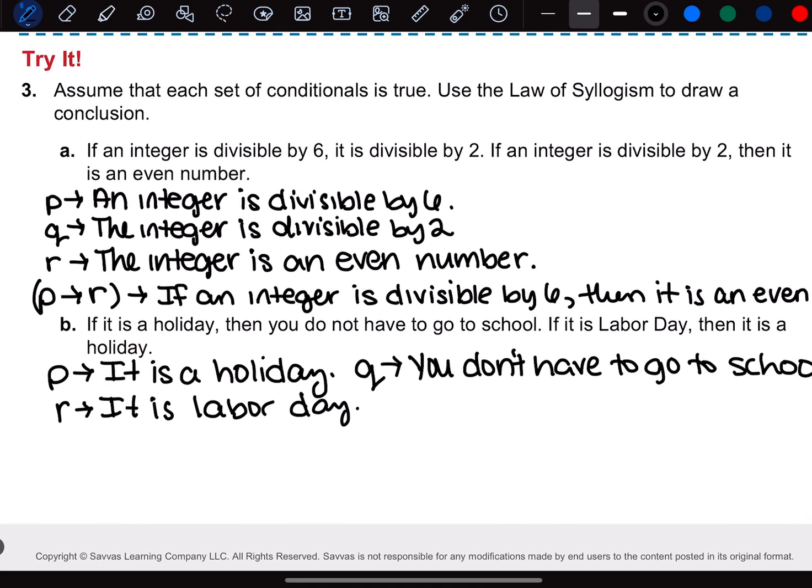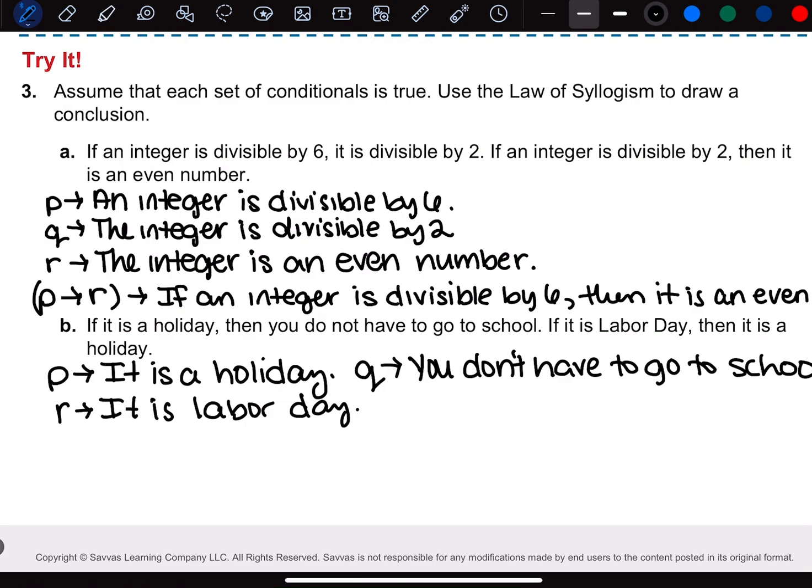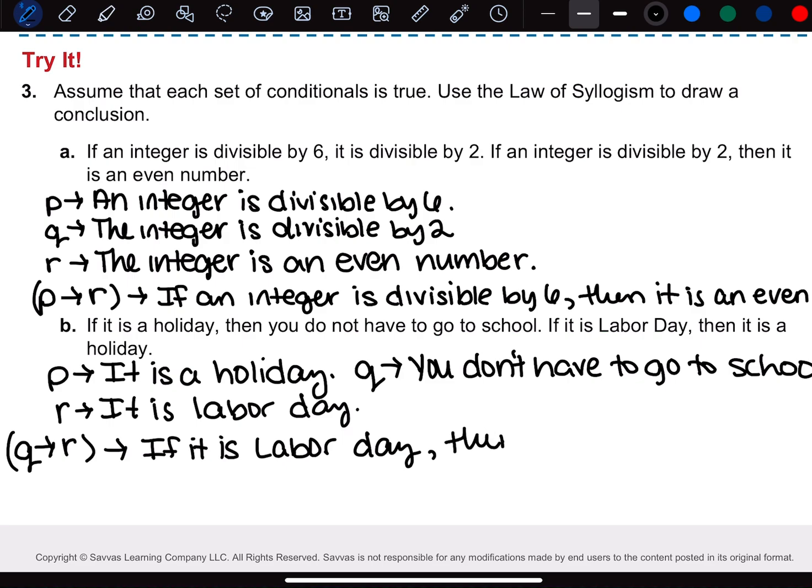So in this case, we're going to have a Q and R scenario instead of a P and R. So you would say, if it is Labor Day, then you don't have to go to school.